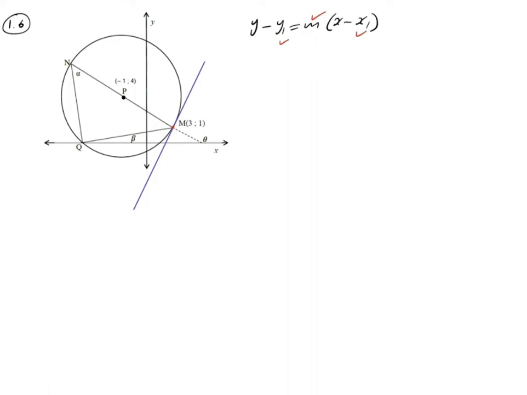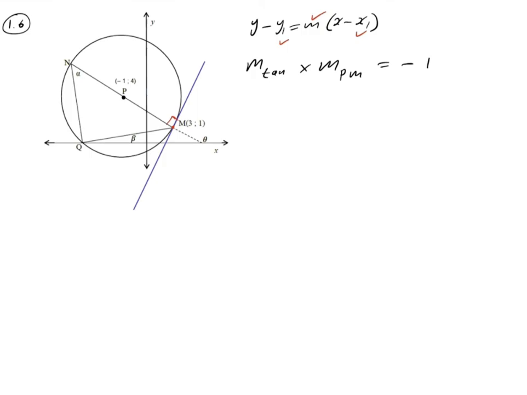But we know that this line, PM, and the tangent are perpendicular. Now, the reason why they're perpendicular is because any intersection between a tangent and a line that passes through the center gives you 90 degrees. So therefore, we are going to say M tangent, I'm going to call it M10, times M for PM must give us -1.